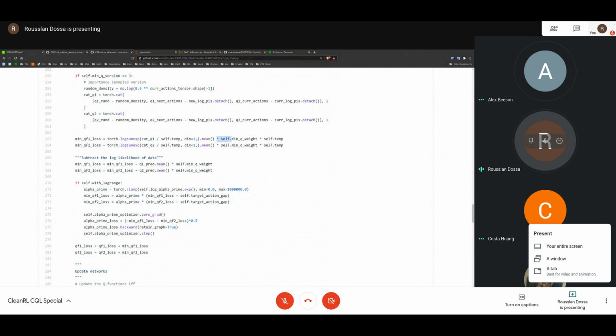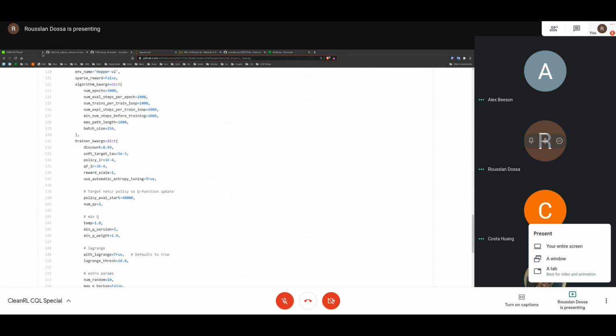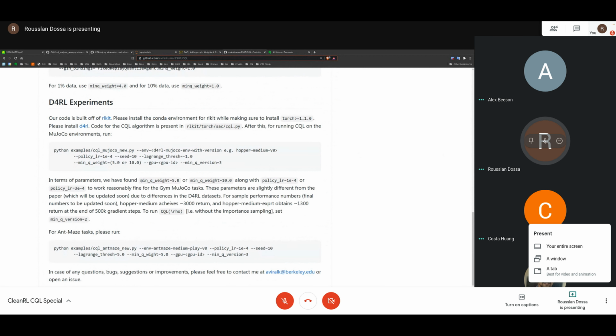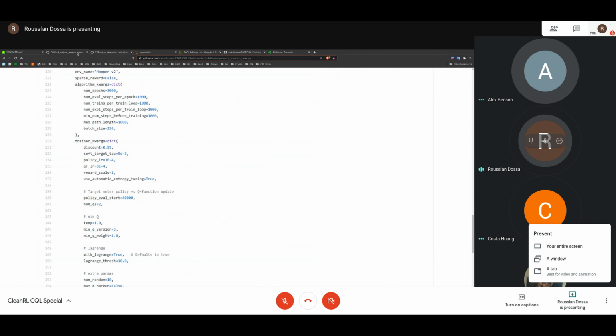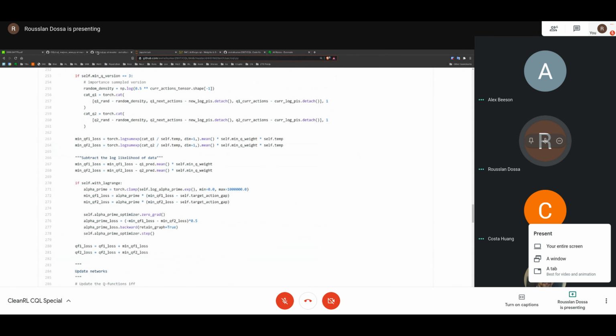They also have these mean Q weight functions, which the only mention I could find for them was in the README. Either use 5 or 10, but there is no real reason provided that supports such a practice. Yes, maybe it's to tune the soft max, the soft Q value, or something like that.